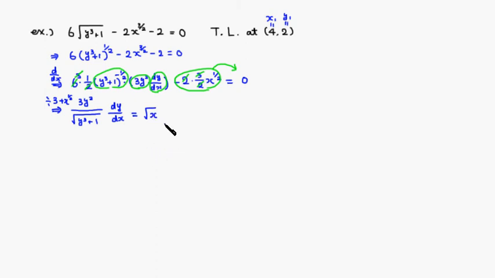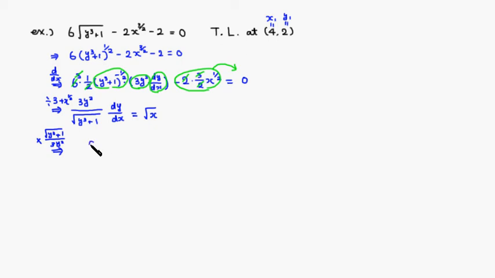Then we just need to isolate dy over dx. This is easy enough: we multiply by the reciprocal, which is the square root of y cubed plus 1 over 3y squared.